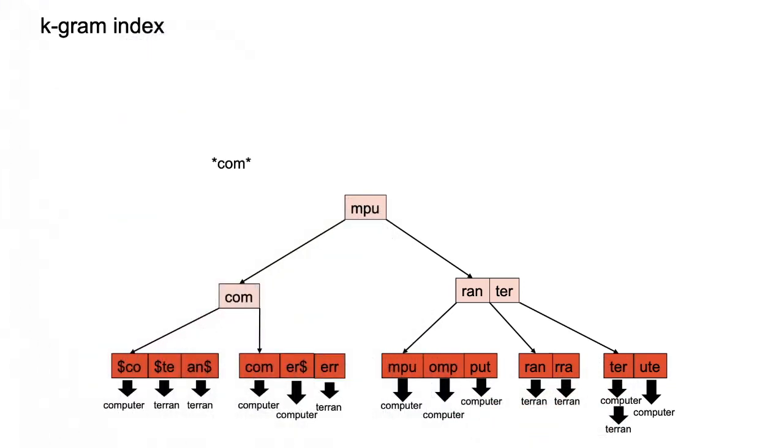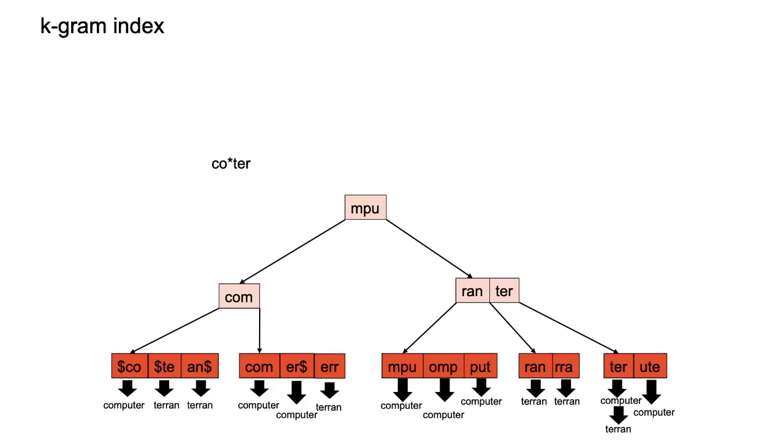So now, if I consider a query like this, star com star, right? Then I just look up the k-grams in there, so COM, obviously, and I find it going down in logarithmic time the B+ tree, and I find computer. And now, if I have a different query, co-star TER, then I need to look for the k-gram $CO. Why the dollar?